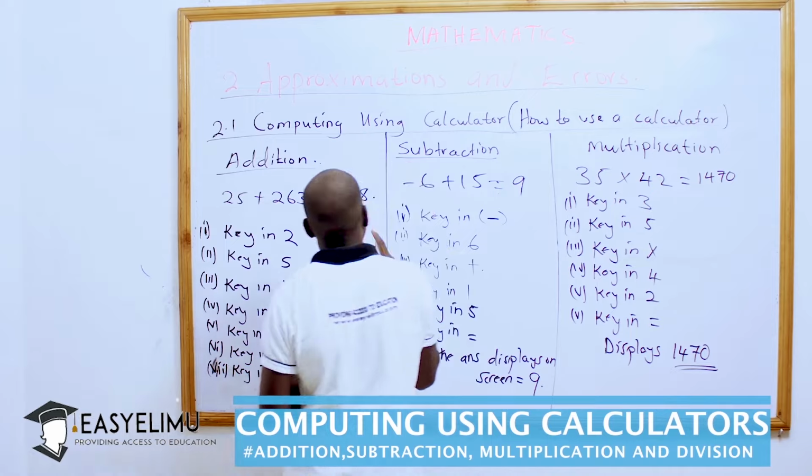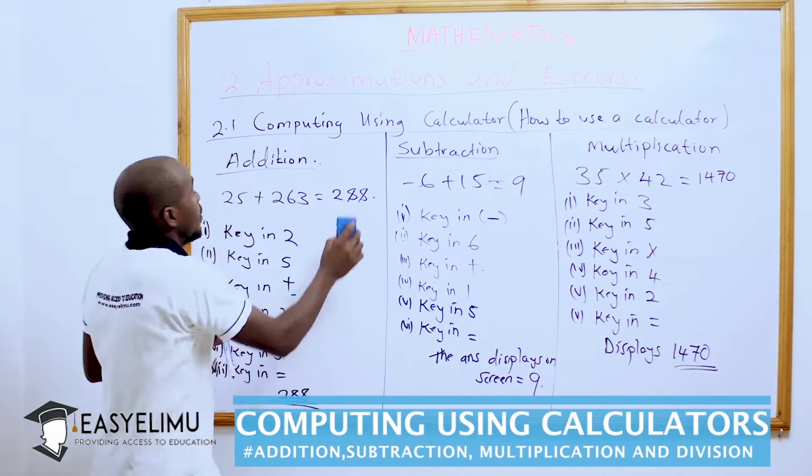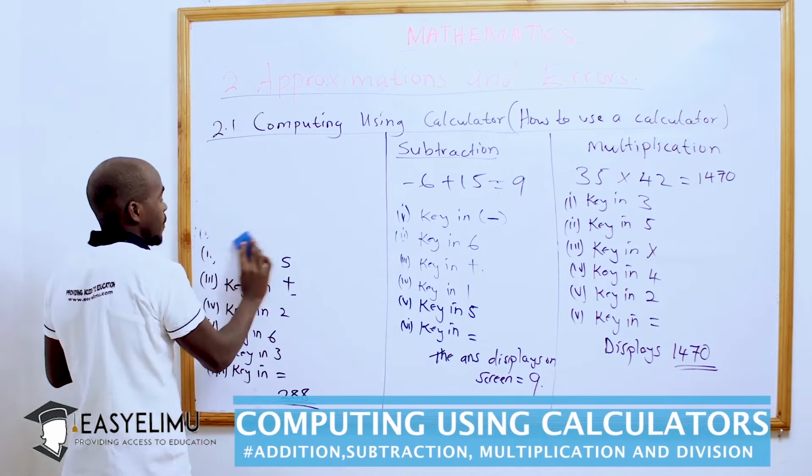This one we found was 9 and this one was 288. The same applies to the division or the quotient.